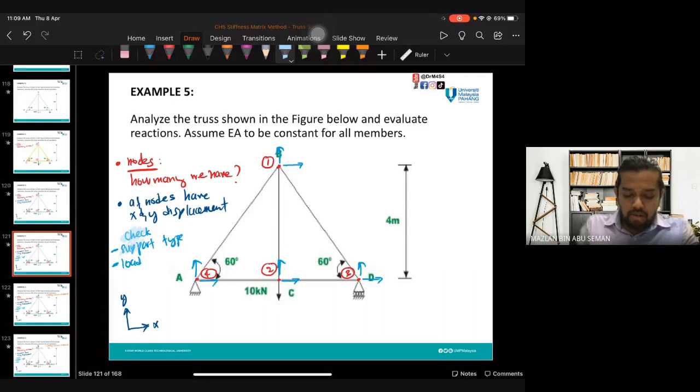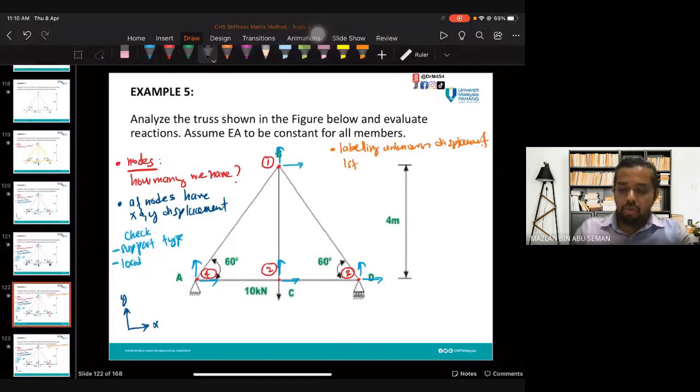Check the support type for your question and the load given. As I said, we have 10 kilonewton at node 2, and we have a pin support, then we have a roller. Then you have to label the unknown displacement first.